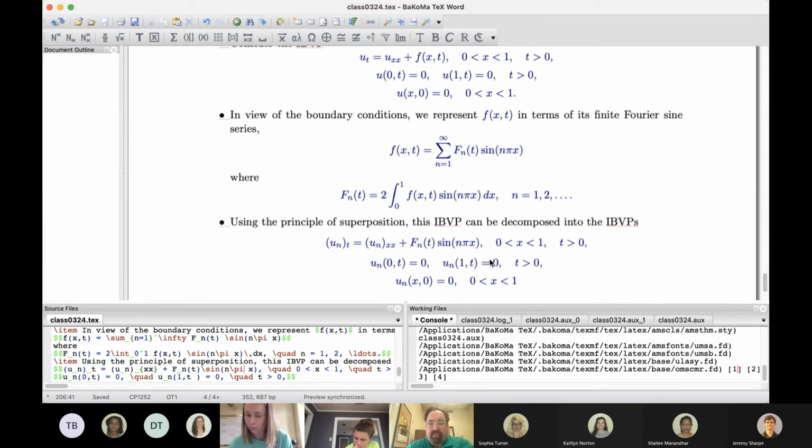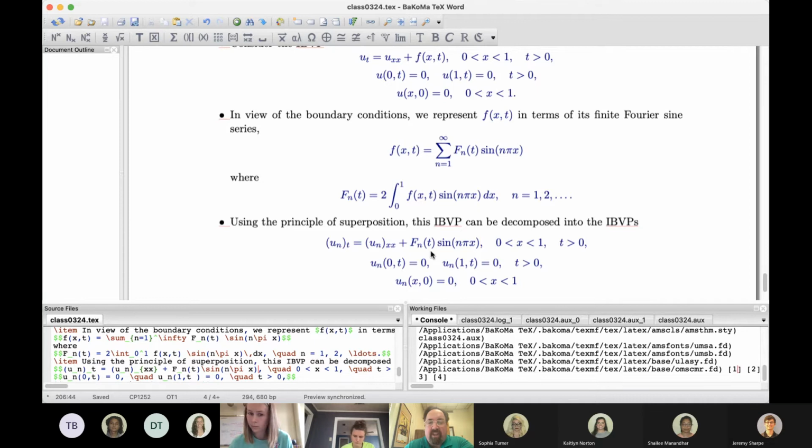Same boundary conditions, same 0 initial condition. In other words, I've used superposition, but in a different way. I've broken down this one PDE with a source term into a whole one-parameter family of PDEs, each one having a portion of little f. So if I were to add all of these PDEs together, I would recover this.